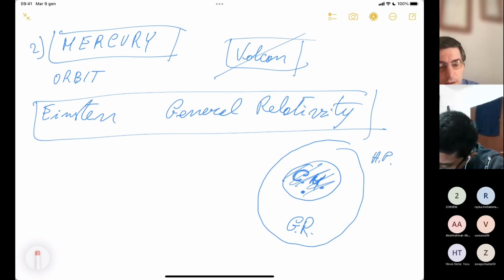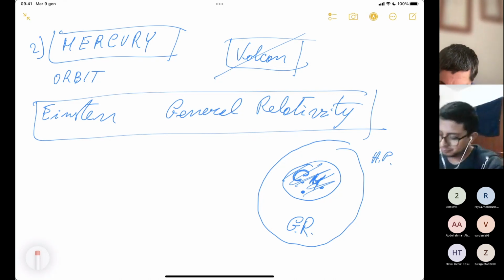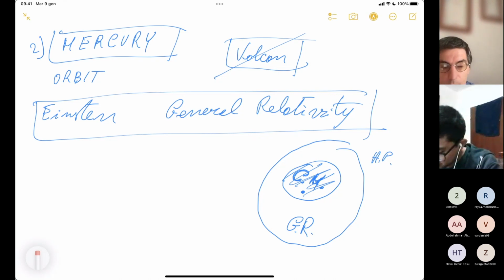So the idea is we do not discard classical mechanics completely. When the hypotheses of classical mechanics are satisfied, we continue to use classical mechanics, simply because the model is easier, so we can obtain the results in a much simpler way than with general relativity.